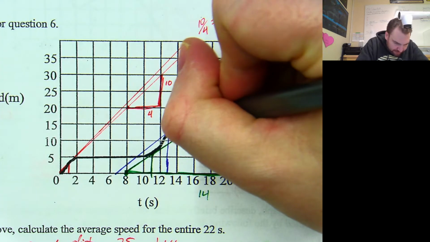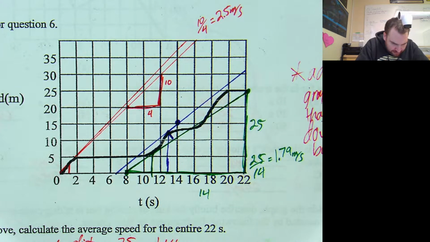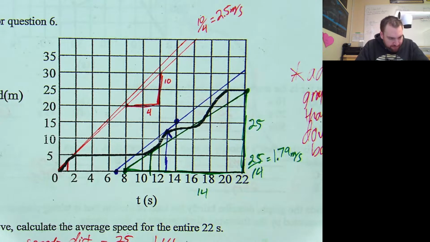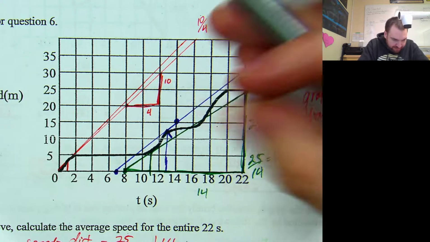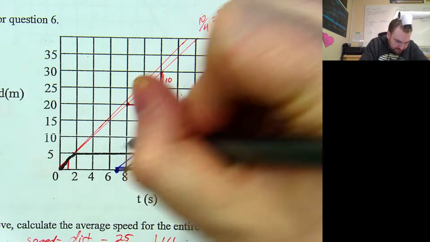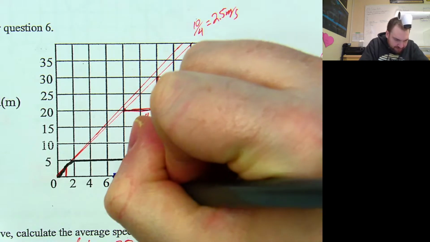I'm going to use that point there, and I don't really have another nice point. I'll approximate that point there as being 7. So 7 to 14, that would give me 7 seconds. It's not a great graph for this, but that's okay.